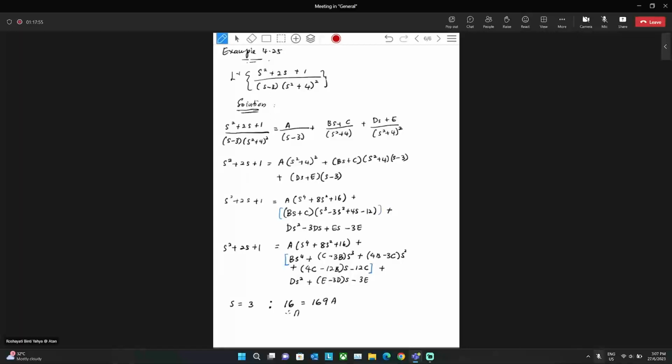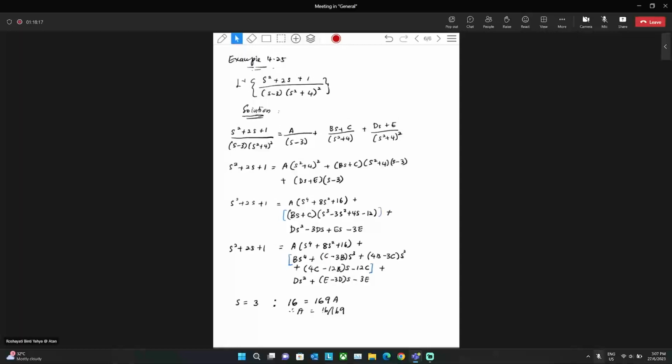So your A becomes 16 over 169. If you combine the A parts together, you will be confused about which S is best to choose.